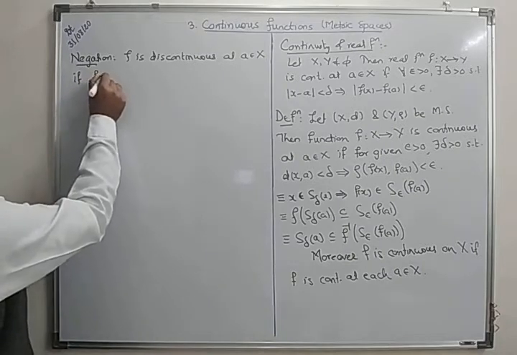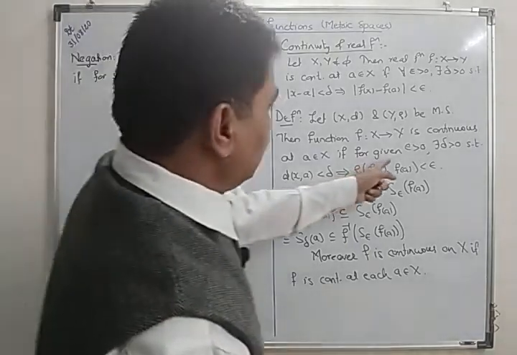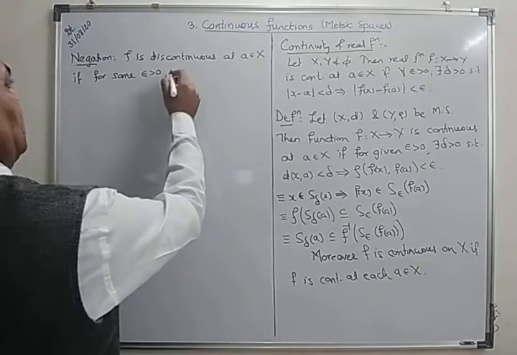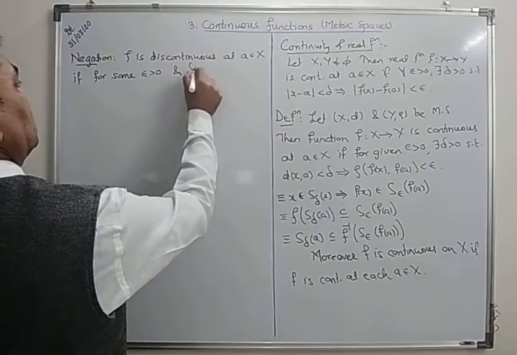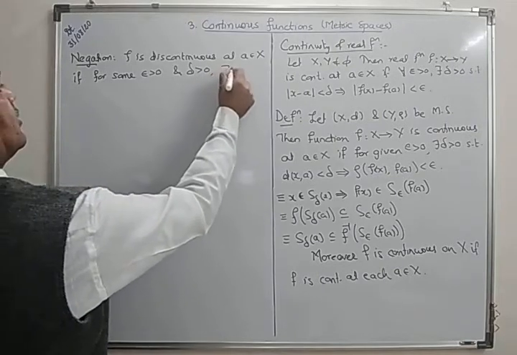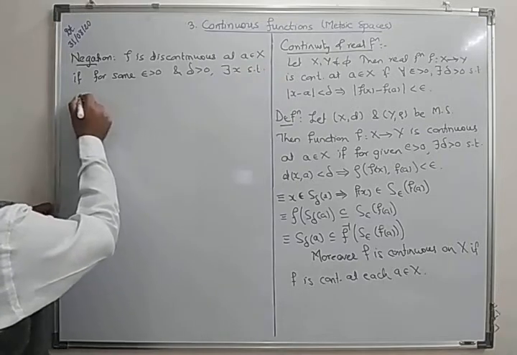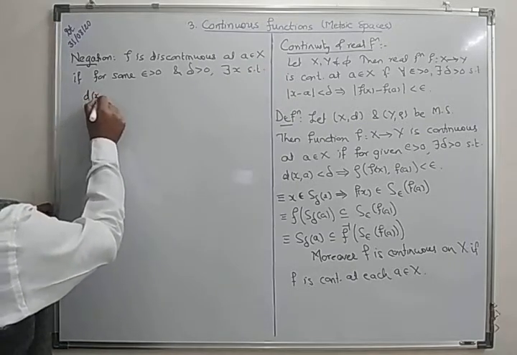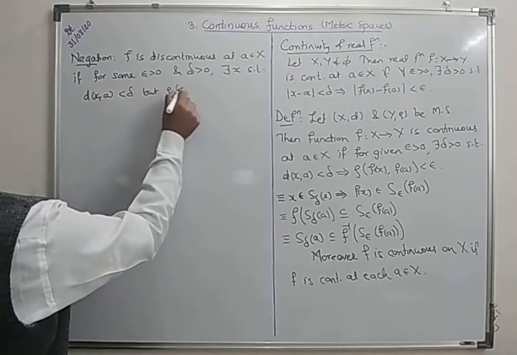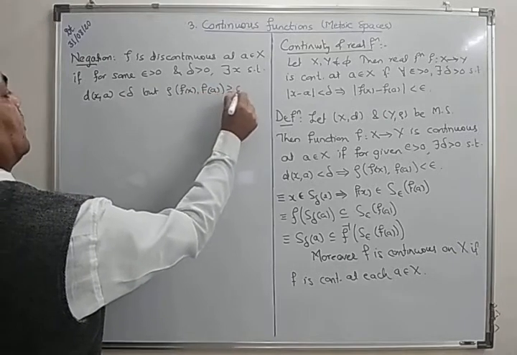The negation of: for any epsilon greater than 0, there exists delta greater than 0 such that for any X, if d of X, A is less than delta, then rho of f X, f A is less than epsilon. So for some epsilon greater than 0 and any delta greater than 0, there exists X such that d of X, A is less than delta, but rho of f X, f A is greater or equal to epsilon.